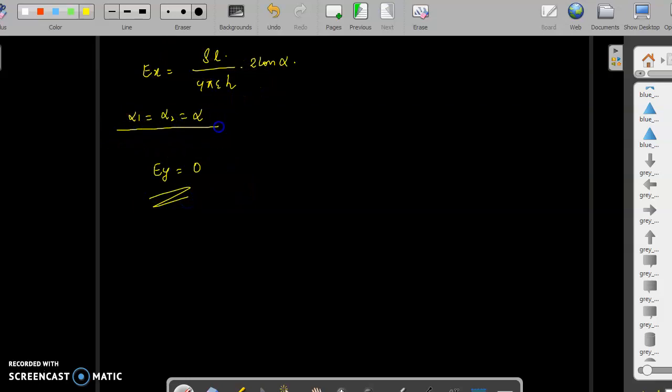If the line becomes infinitely long, then that means this angle alpha becomes approximately 0.